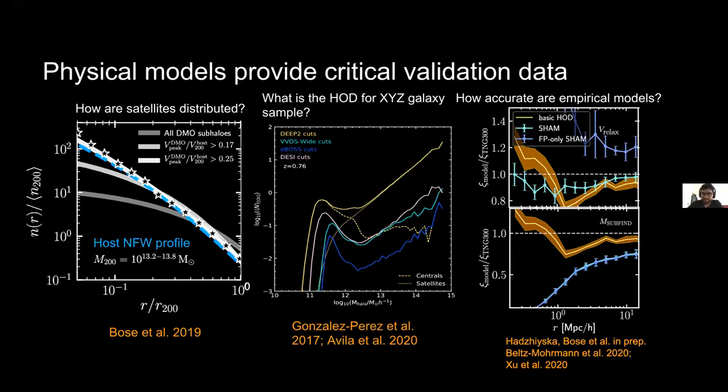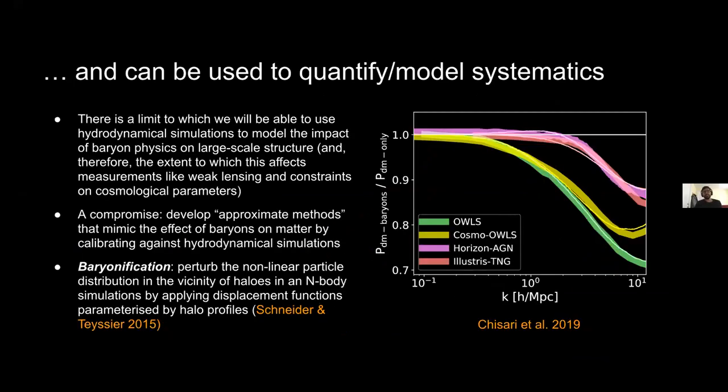And to end with, I just want to talk about some of the uses of these physical models of late in modeling and quantifying systematic effects. And the development of these approximate methods, which try to emulate the effect of baryons by calibrating against hydrodynamical simulations, is going to become, I think, more and more widespread, because we'll eventually reach a limit where hydrodynamical simulations become impossible to do on very large boxes.